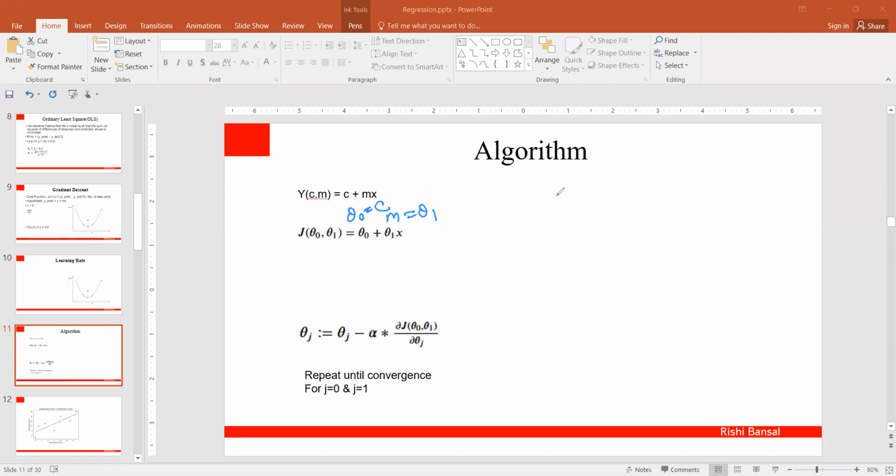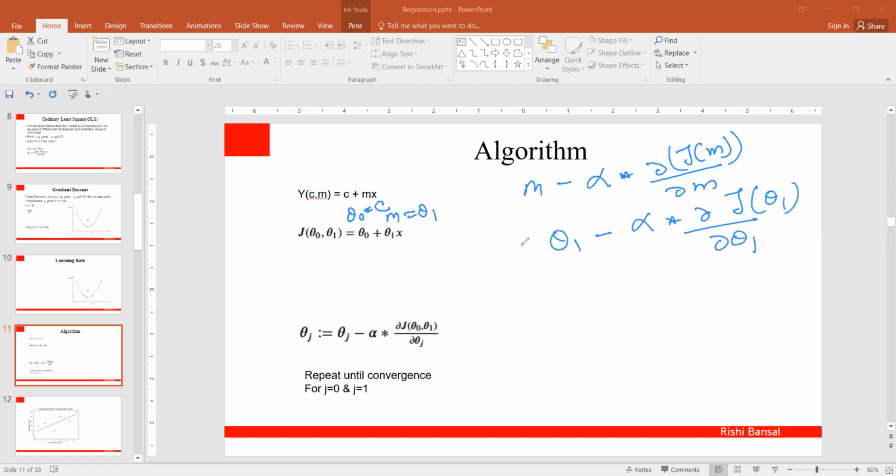Okay, so that point was m minus alpha into this, which is nothing but this. And the same way, because I just considered theta 0 equal to c equal to 0, but in real terms this is not 0, right?